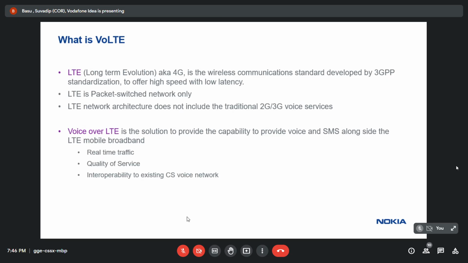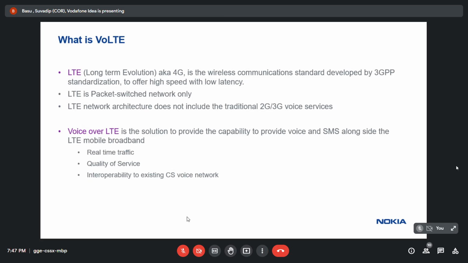Okay. Now, having said this, there is another aspect which VoLTE requires presently. But fine, in due course, it may not be required. But as of now, it is required. And that is what you call interoperability. Now, what is interoperability? The VoLTE system should be able to communicate with the lower version systems.